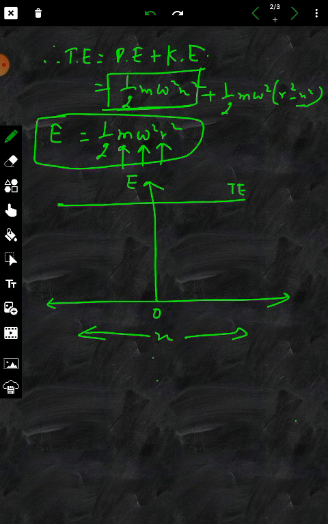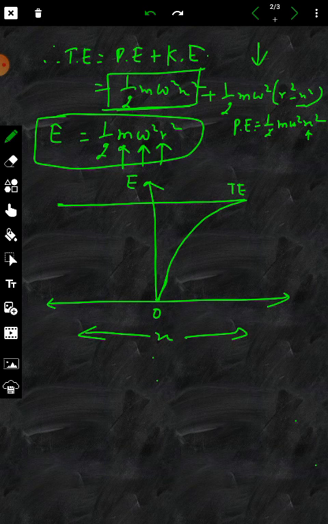Initially at mean position, x is 0, so the potential energy, half m omega square x square, will be 0, and as displacement increases, the potential energy keeps on increasing. So there will be a graph just like this for the potential energy. At mean position it will be minimum, and at extreme position it will be maximum.